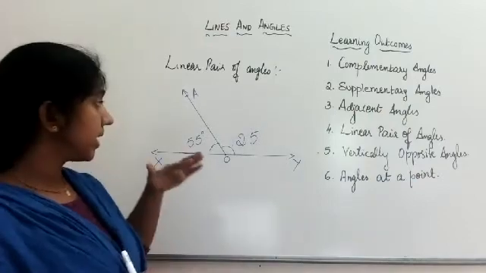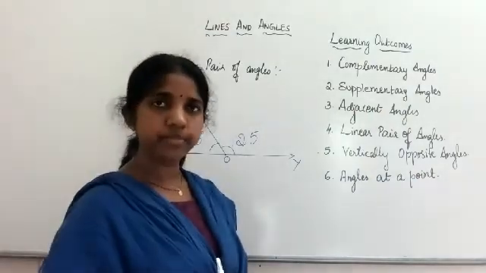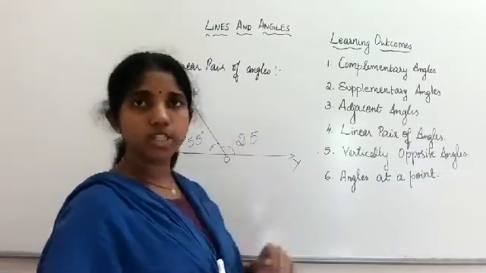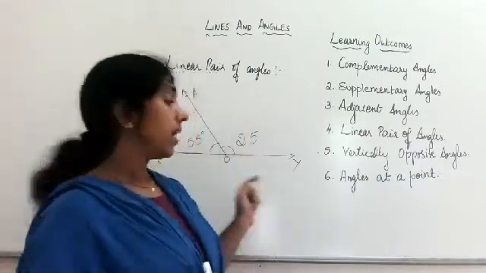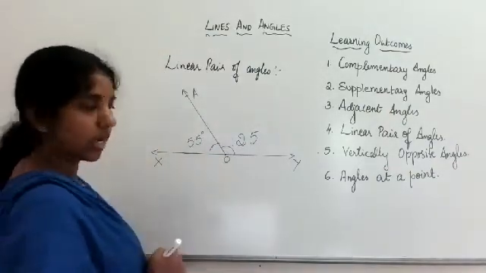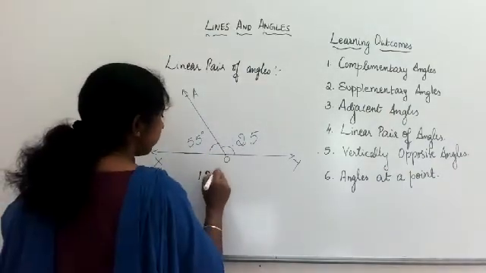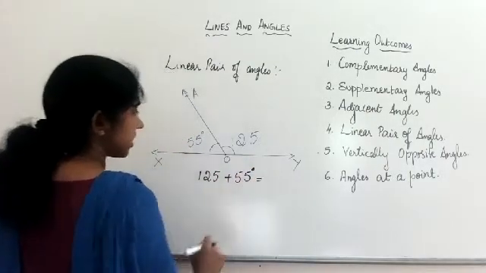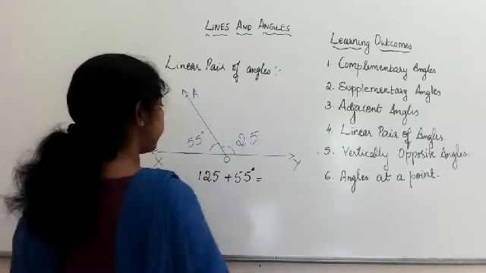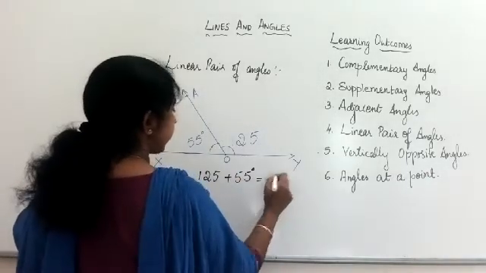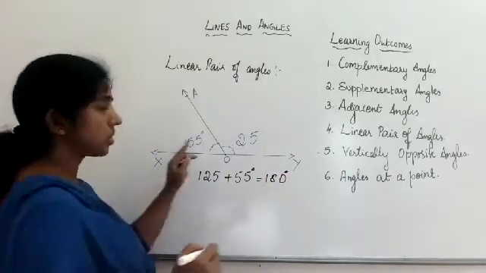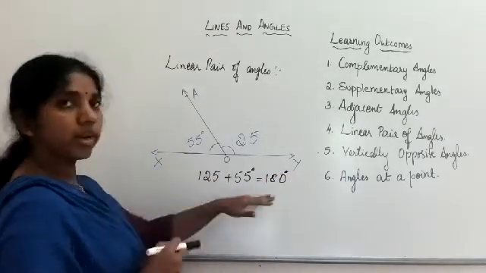So two adjacent angles are said to be a linear pair of angles if, let us add these two angles, 125 plus 55 degrees. 125 plus 55 is 180 degrees. So their sum adds up to 180 degrees.